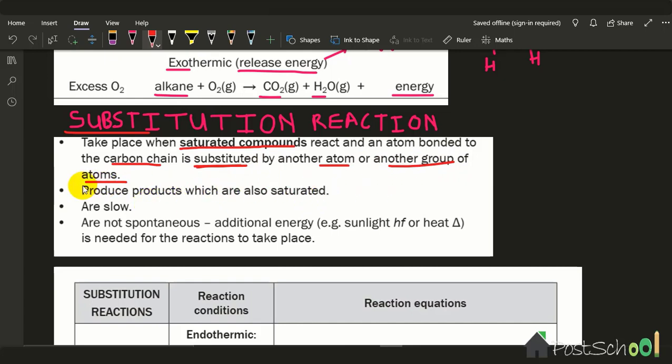So i-substitution of atom kwi saturated carbon. Ama-saturated carbons ubani lo? Those are alkanes. So yenzeka nje under ama-alkanes. So produce products which are saturated, and they are slow. It's a slow reaction.